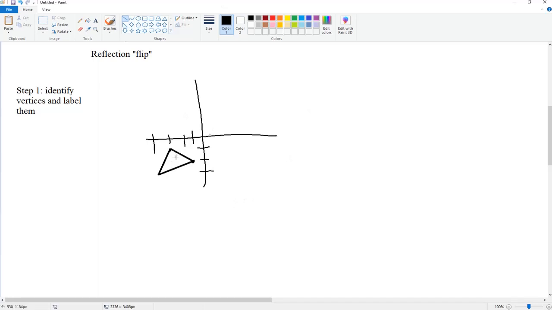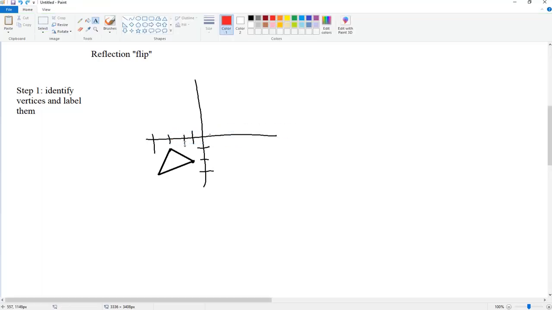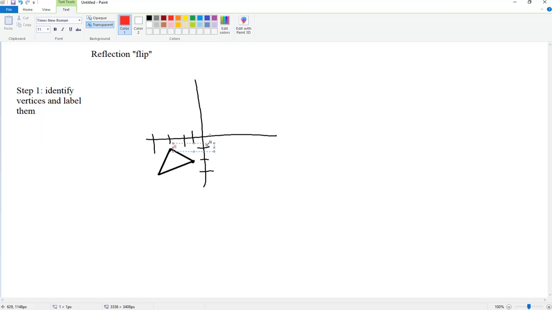So over here, I'll label this one A. What sticks out more? I think red sticks out more. My A here has the point 1, 2, 3 negative. Remember, because left is negative, and then down 1.